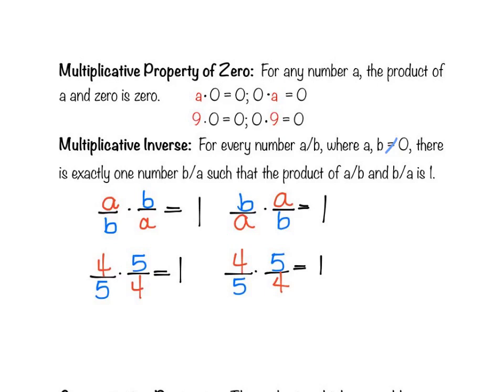So let's look at my examples. A over b times b over a equals 1. Conversely, b over a times a over b is equal to 1. If we look at a numerical example, 4 over 5 times 5 over 4 is equal to 1.